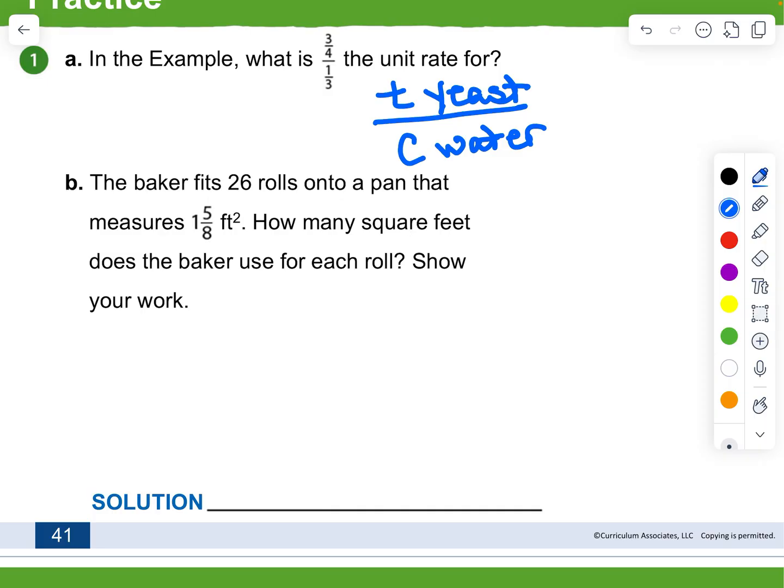Part B, the baker fits 26 rolls onto a pan that measures 1 5/8 feet squared. How many square feet does the baker use for each roll?